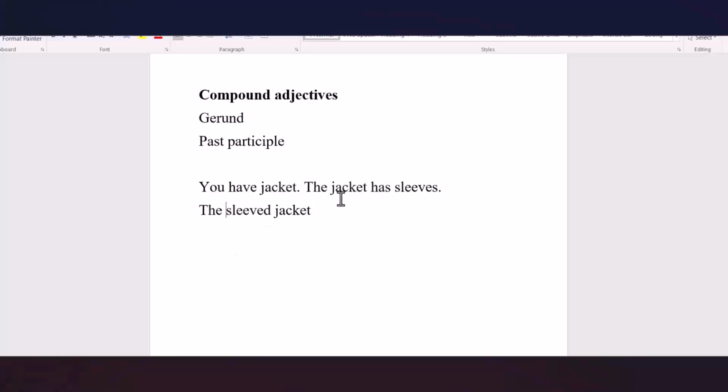In the case that the sleeves of the jacket are long, you say the long-sleeve jacket. You add long and sleeved, these two adjectives together with a hyphen, making a compound adjective to refer specifically to the jacket, the long-sleeve jacket.